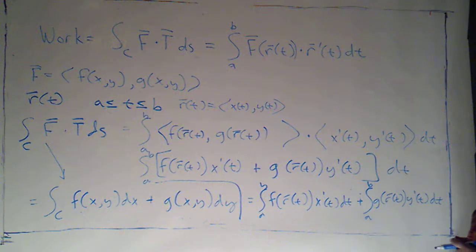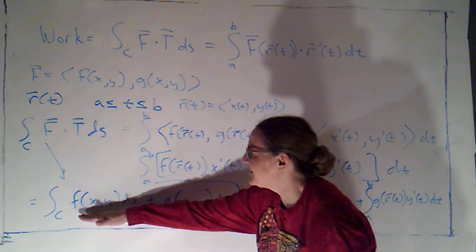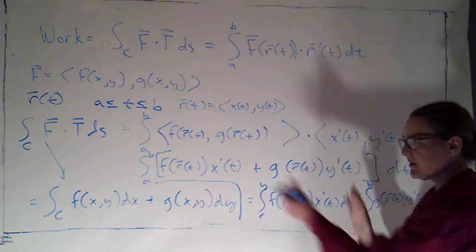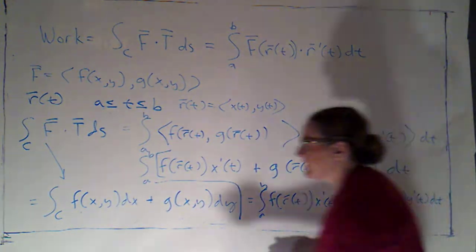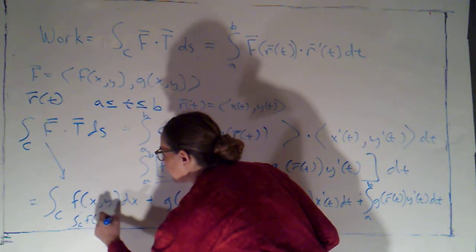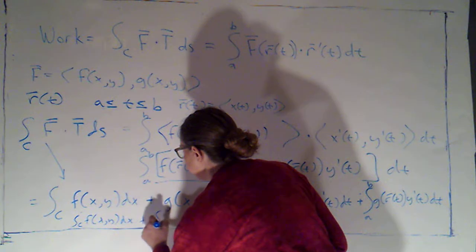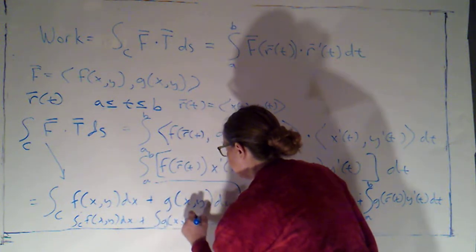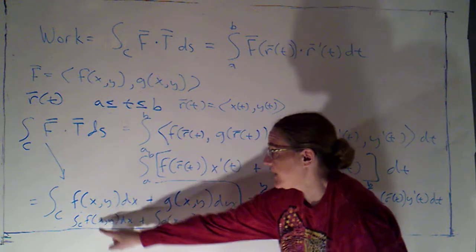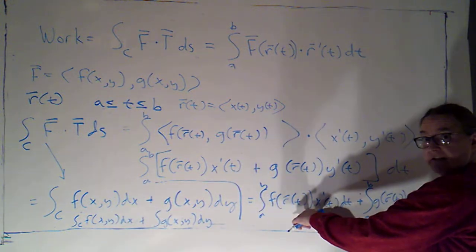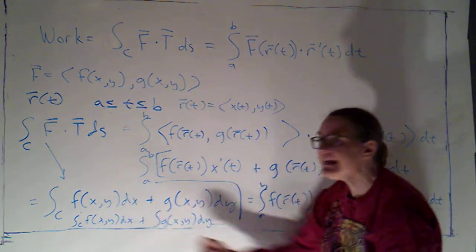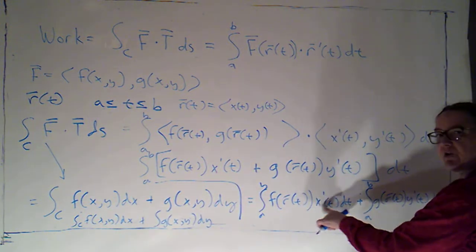Now if we compare these, the line integral along C of f of x, y dx, which I've written as essentially one integral, it would be perfectly correct to rewrite it as a sum of two: the integral of f of x, y dx plus the integral of g of x, y dy. Here I write my integrand f using function composition to express it in terms of t, and dx just becomes x prime dt.